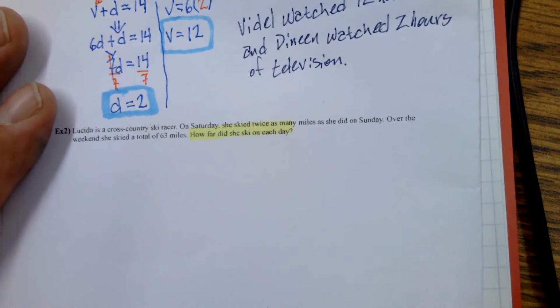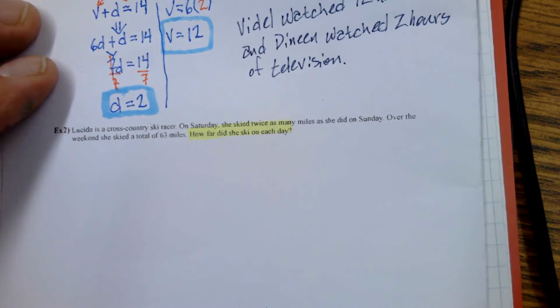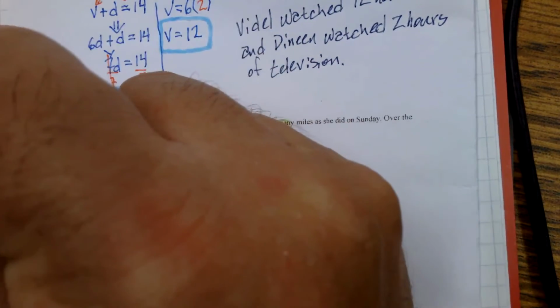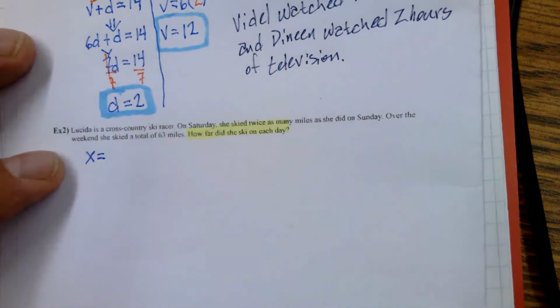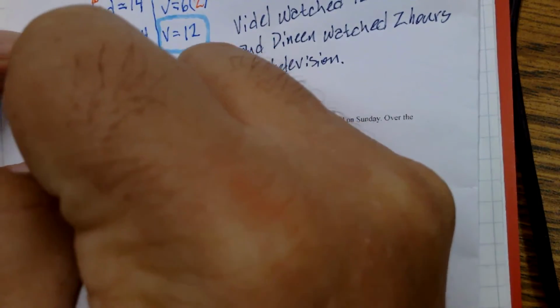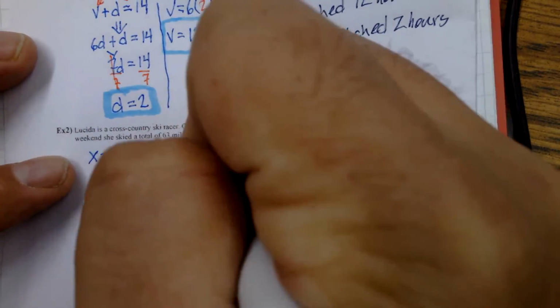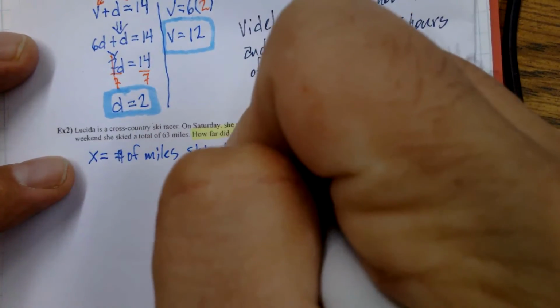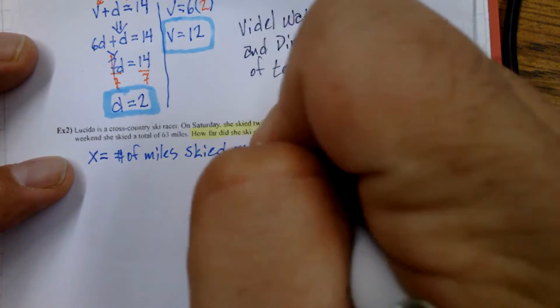So I can't do S and S though, because they both start with S. Let me just do X and Y. X is the number of miles skied on Saturday.